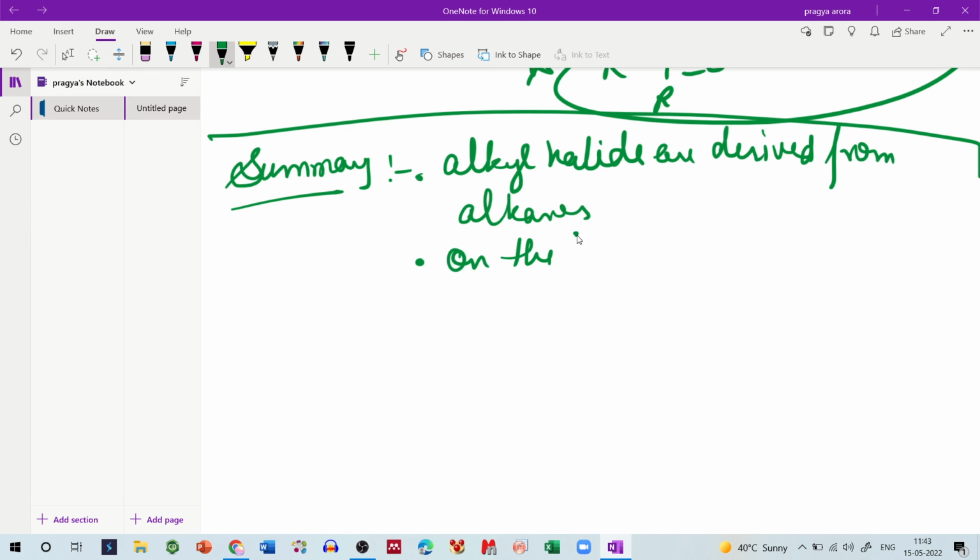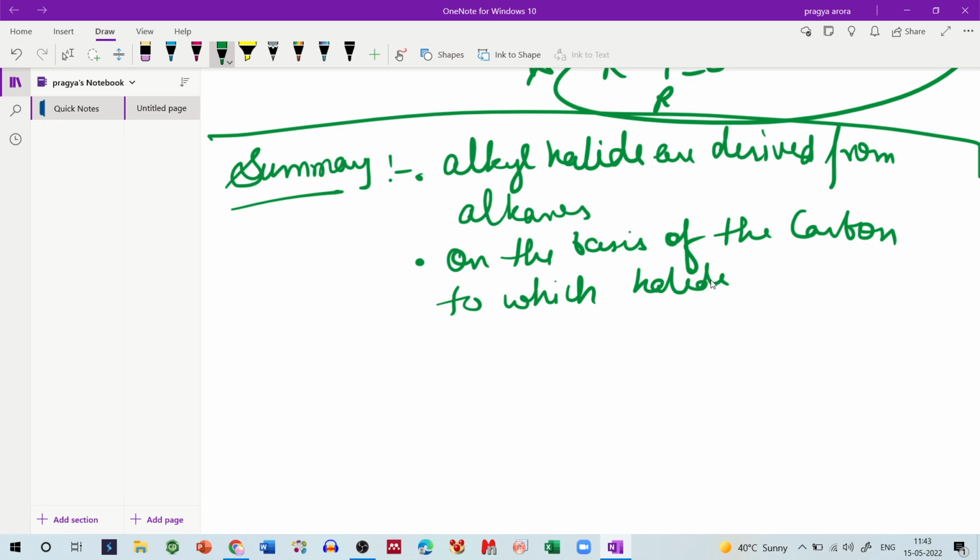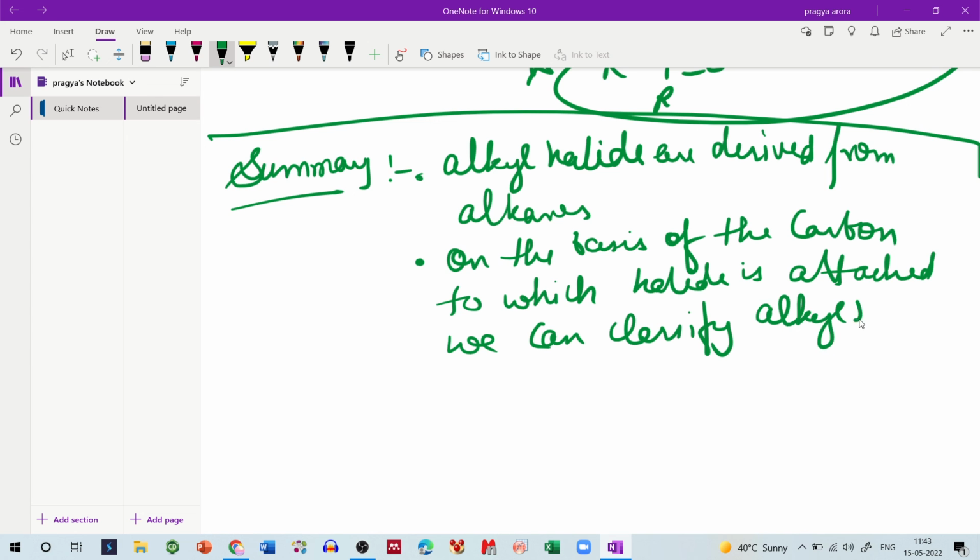On the basis of the carbon to which the halide is attached, we can classify alkyl halides into three categories: primary, secondary, and tertiary.